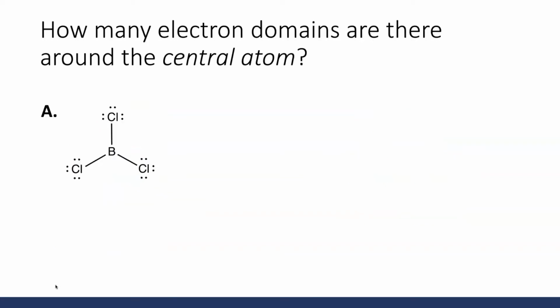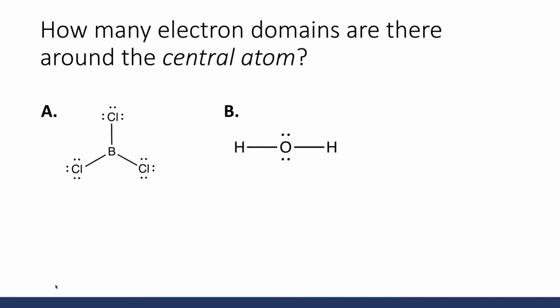So let's test this out. How many electron domains are there around the central atom? For A, we have BCl3. Look at your central atom and count how many electron domains there are. Letter B, H2O, or water.